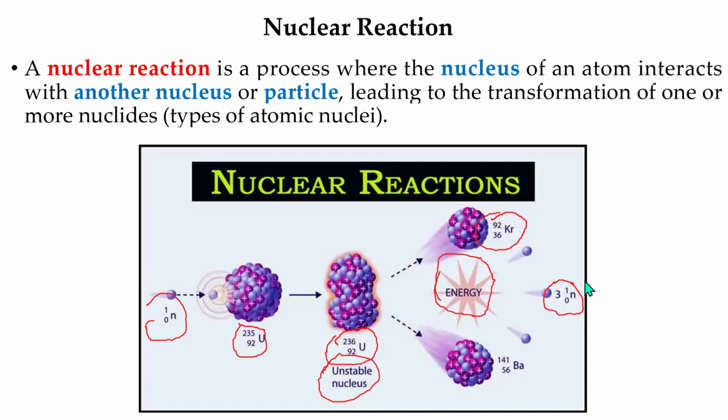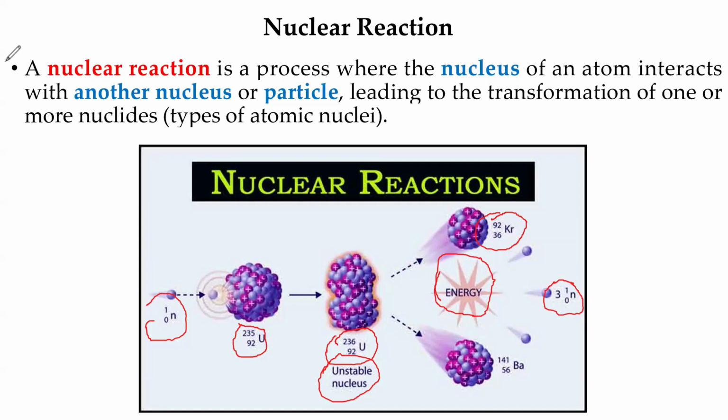The nuclei of one atom interact with a nuclide of another atom or with particles, which leads to the formation of more atomic nuclides. And as I said, the particle used in interacting with the nuclide can be neutrons, as in this case, alpha particles, gamma particles, beta particles, or electron capture. And we have so many of them. So that is nuclear reaction.